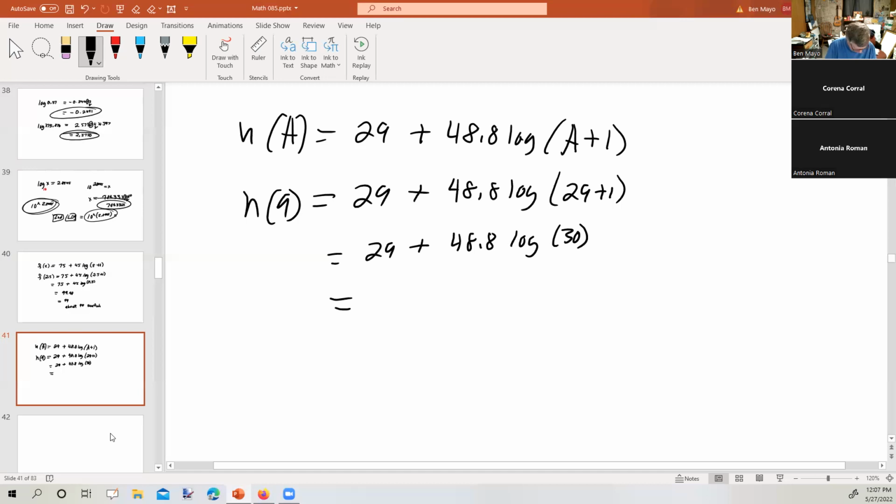So on our calculator, 29 plus 48.8, push the log button, put in 30, close it up, and I get, hang on here. Okay, what did I do wrong? I thought that in the parentheses it was supposed to be 9 plus 1, not 29. Yes, it is. And the reason I was suspicious is my answer was 101%.